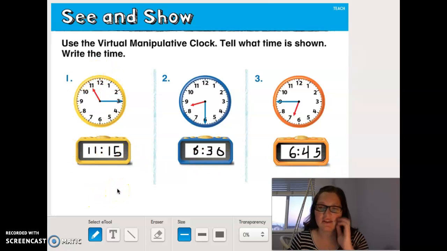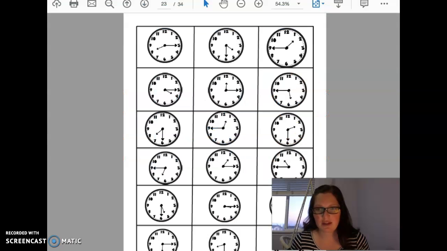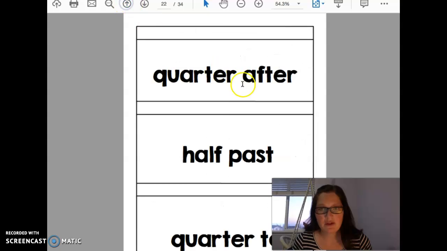So today in your notebooks, let me see if I can get the other page, you have a bunch of little clocks like this, where it shows different times, quarter, half, and 45 minutes. And you also have your 3 labels. This is on a blue sheet of paper, and they are half sheets so that it fits a little bit nicer.